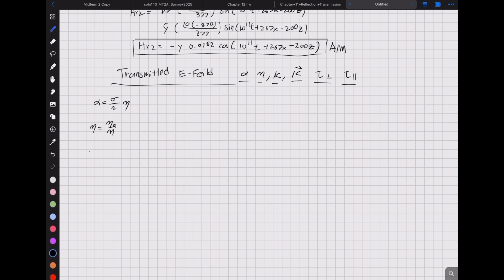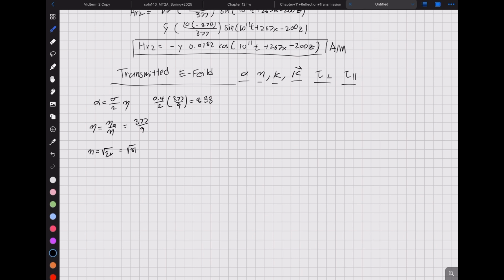So n is equal to the square root of epsilon R, so that's going to be square root of 81. We're going to have 377 over 9. So 0.4 over 2 multiplied by 377 over 9. That's going to give us a value of 8.83.